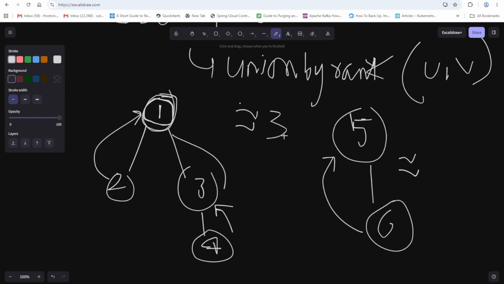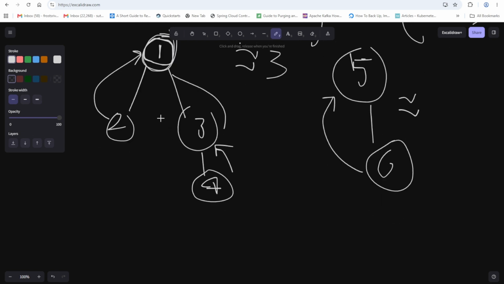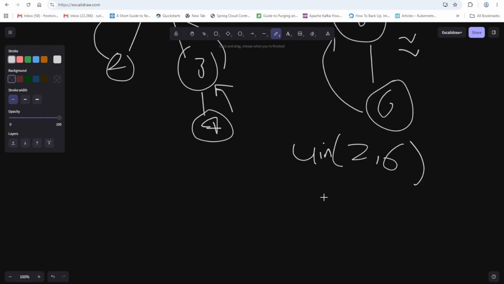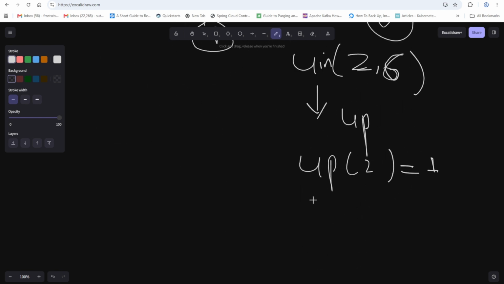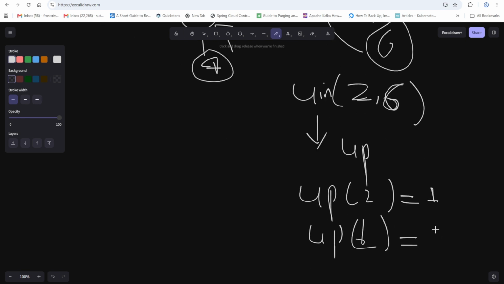Suppose we are doing the union by rank of any two nodes, say 2 and 6 here. Union by rank will always be done on the ultimate parent. First we will find the ultimate parent of 2, which will give us 1, and the ultimate parent of 6, which will give us 5.